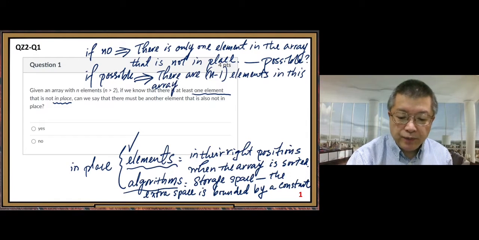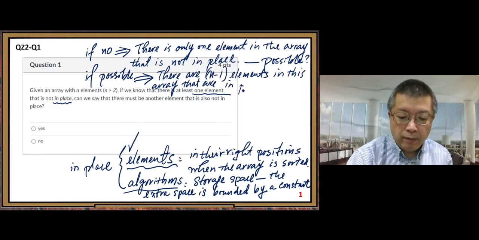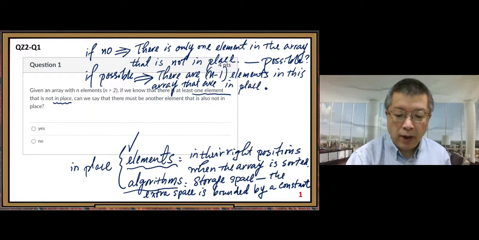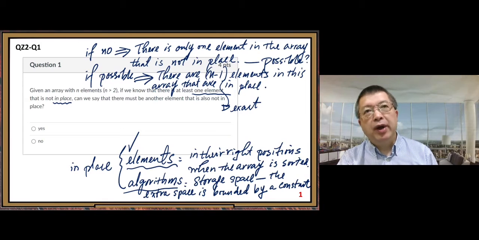that are in place. Exactly n minus 1 elements in place.